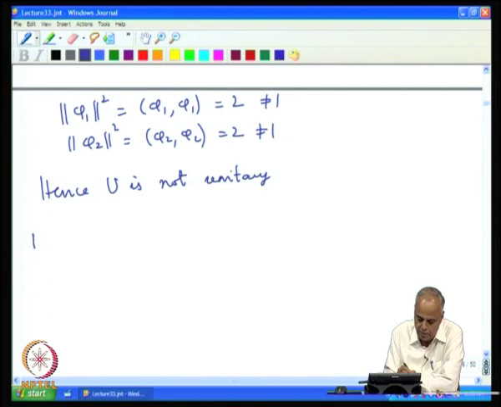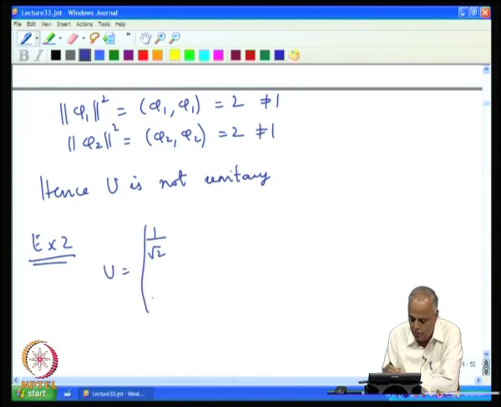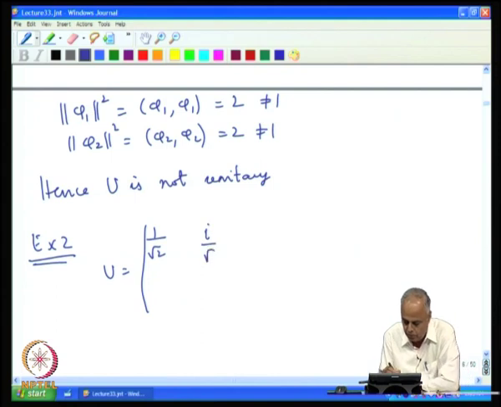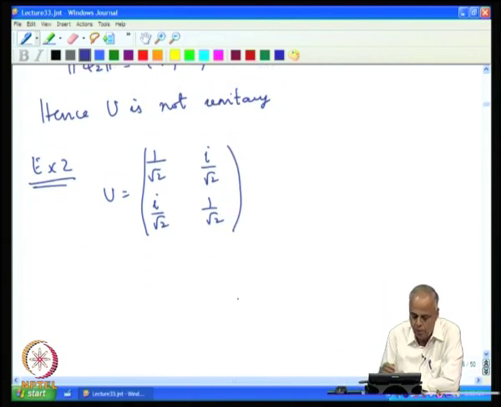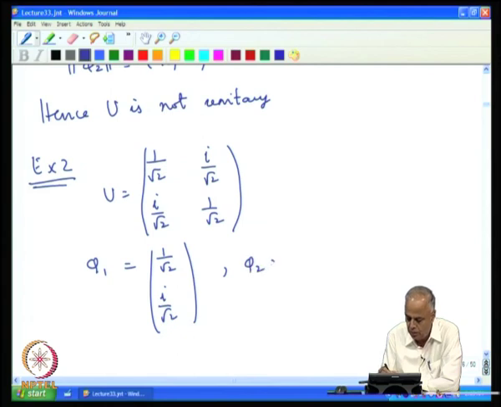Let us look at another example. U equal to 1 by root 2, I by root 2, I by root 2, 1 by root 2. Now, the columns are phi 1 equal to 1 by root 2 and I by root 2, and phi 2 equal to I by root 2 and 1 by root 2.